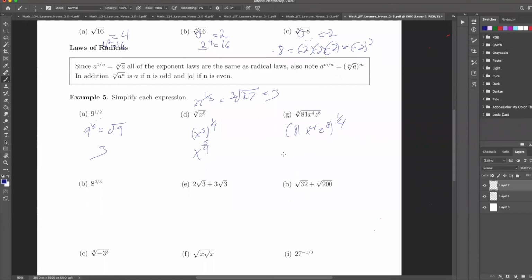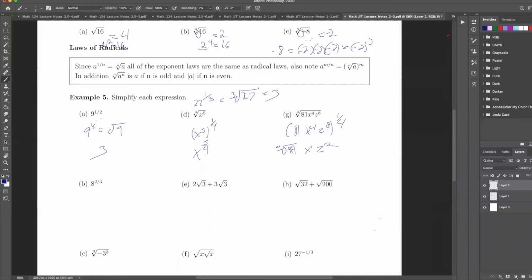I'll rewrite this as the fourth root of 81, times the fourth root of x to the fourth, times the fourth root of z to the eighth. Well, x to the fourth to the 1/4 would just be x, and z to the 8 divided by 4 would be z squared.